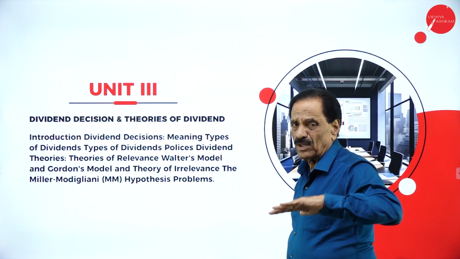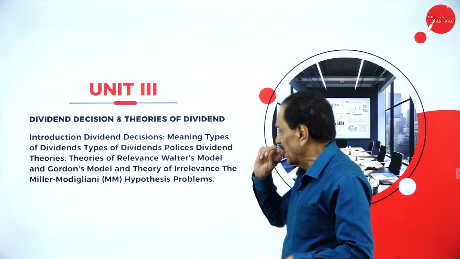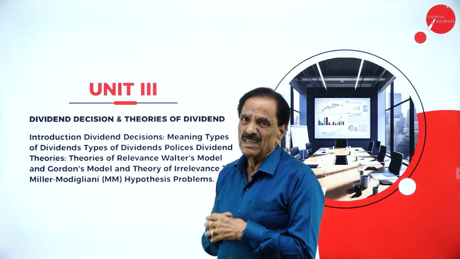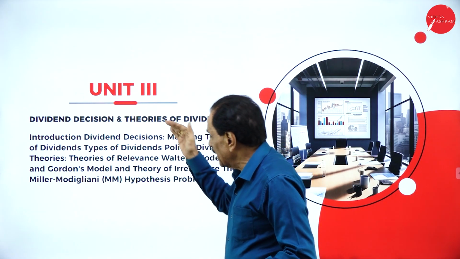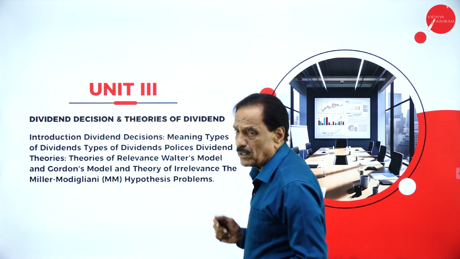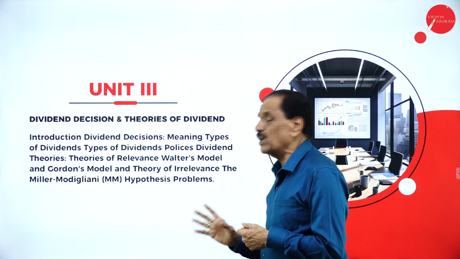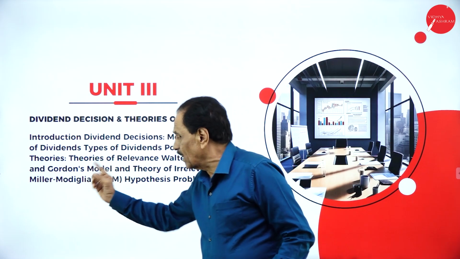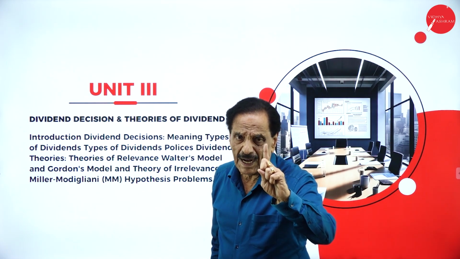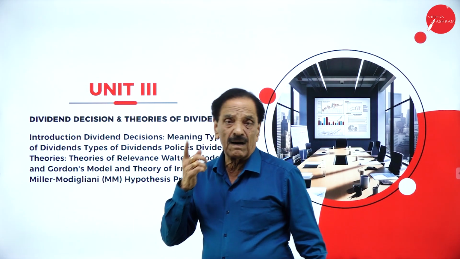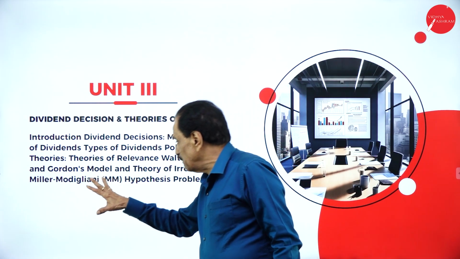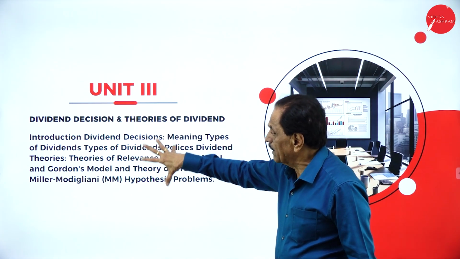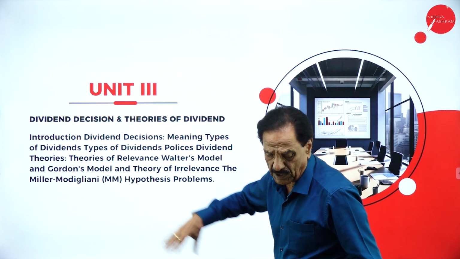In the examination, they will ask for 15 marks. Either Walter's model or Gordon's model is commonly asked. Sometimes they may go with the hypothesis also. But the most important here is to study Walter's model or Gordon's model. One question will be asked, either Walter's model or Gordon's model. Sometimes they may ask a hypothesis problem also. This is important because it is a 15 marks question.